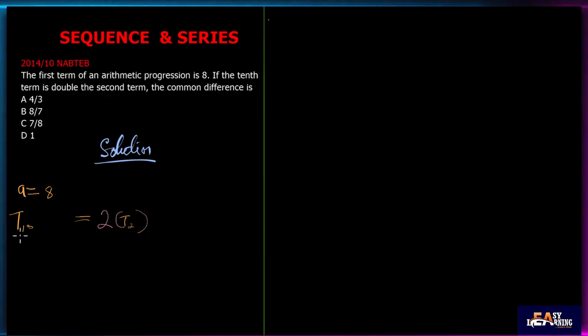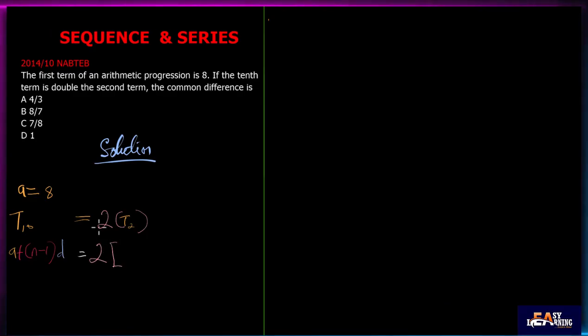All right. So for this, we can create the 10th term using the formula a plus (n minus 1) times d, equals 2 times the second term.